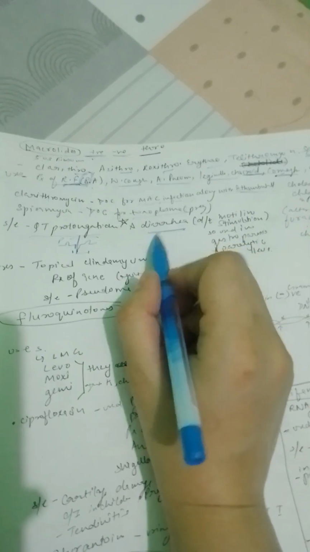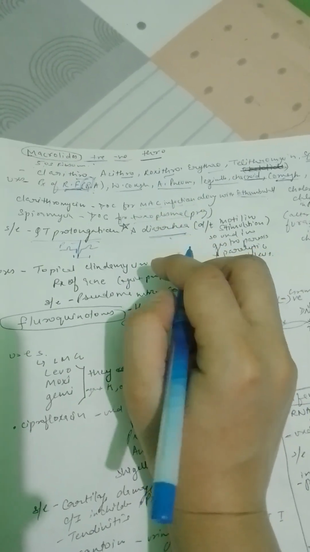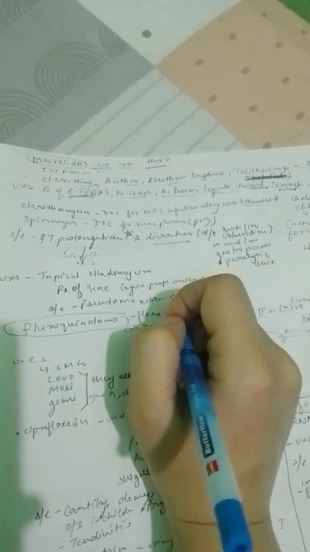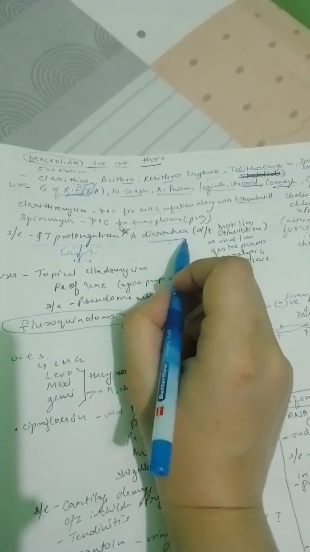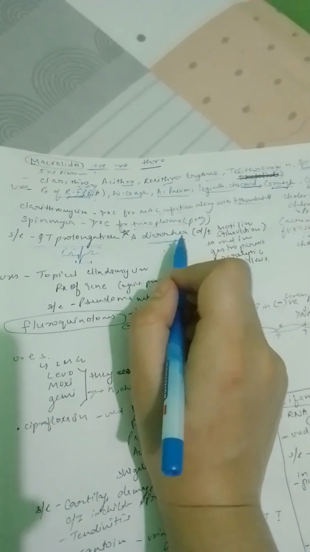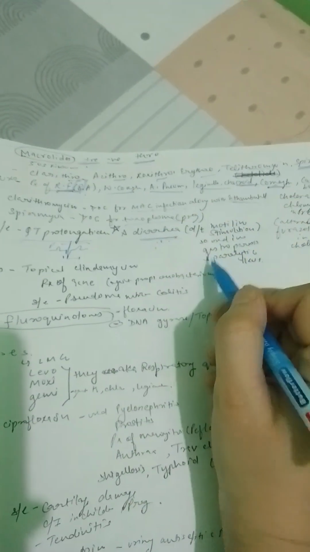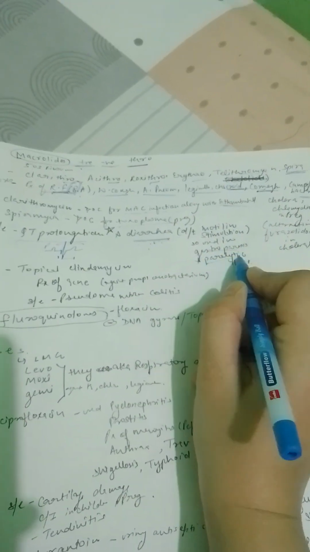Why? Because macrolides cause motilin stimulation, and that is why it leads to diarrhea as a side effect. But because of this we can use macrolides in case of gastroparesis or paralytic ileus.